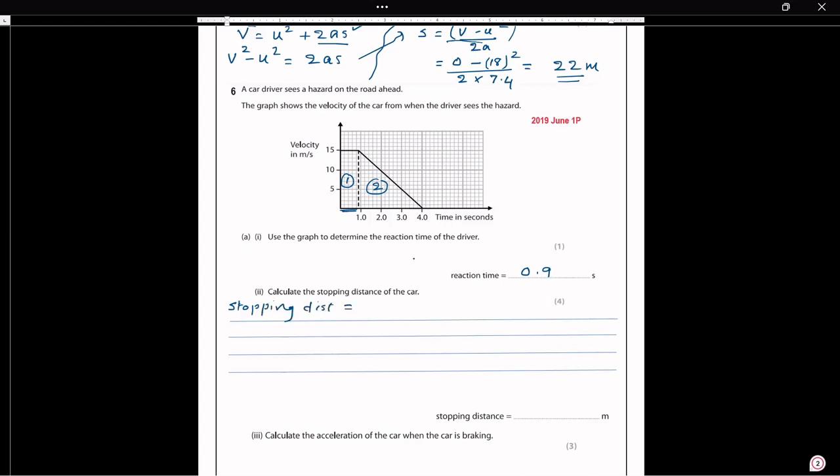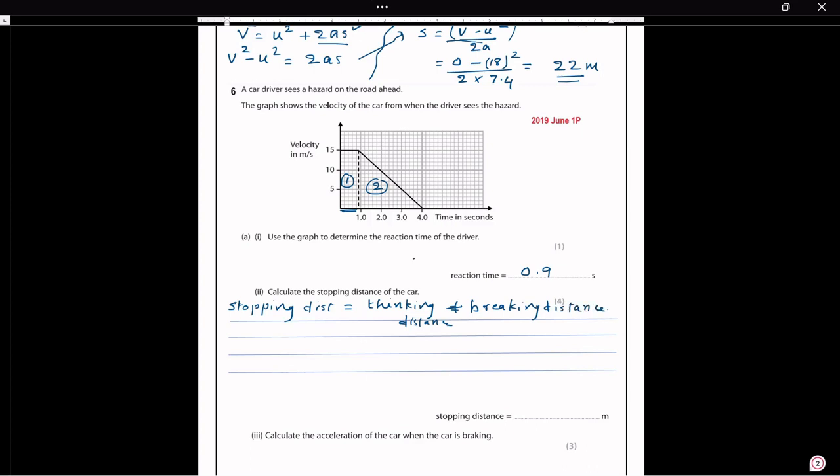Stopping distance equals thinking distance plus braking distance.